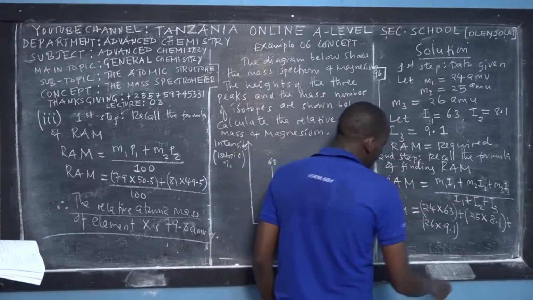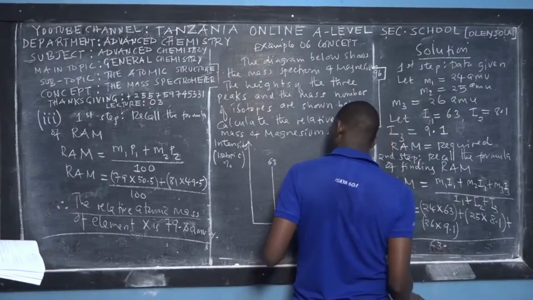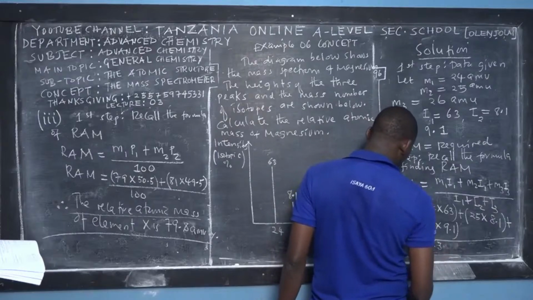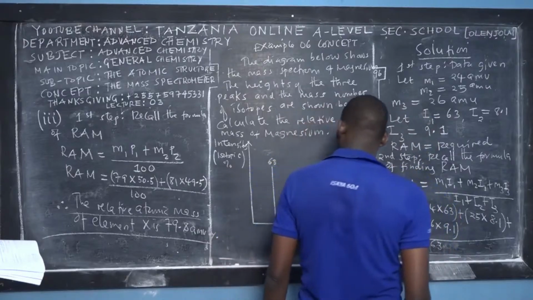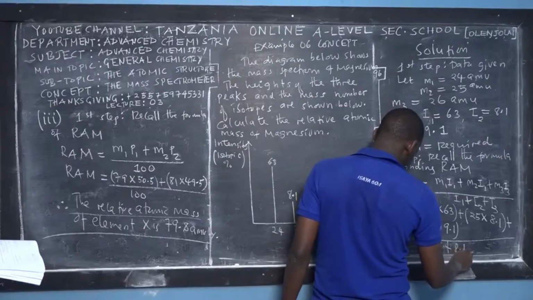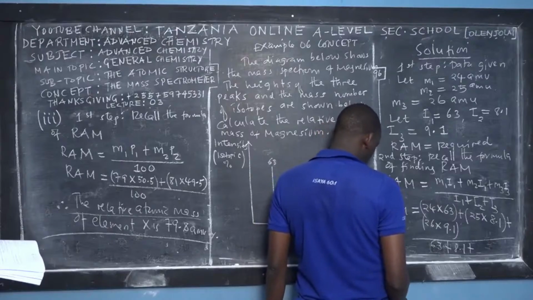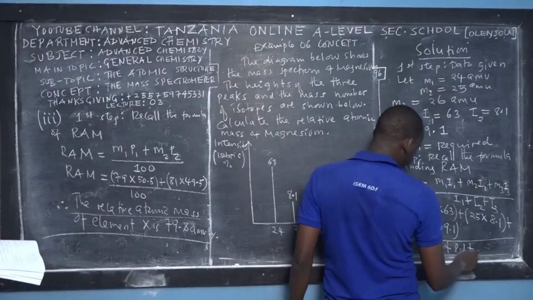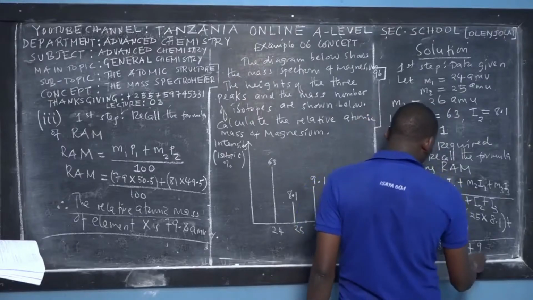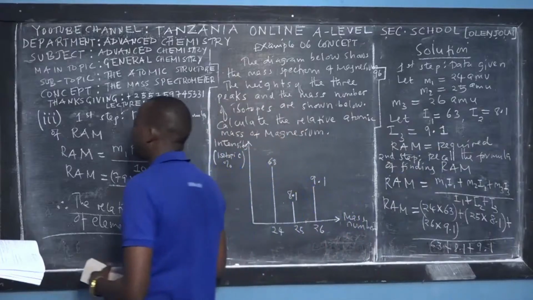And this we divide by 63 plus 8.1 plus 9.1. What do you find for that computation?